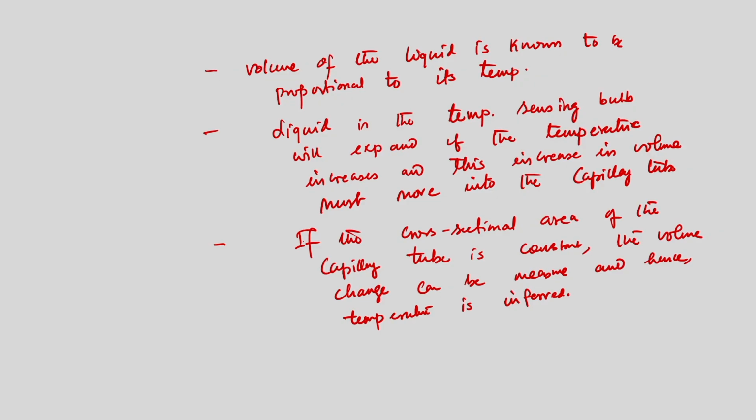I cannot say whether it increases or decreases; that depends upon the temperature and the situation in which we are using this thermometer. Because of this there will again be error, but this effect should be accounted for in the measurement.